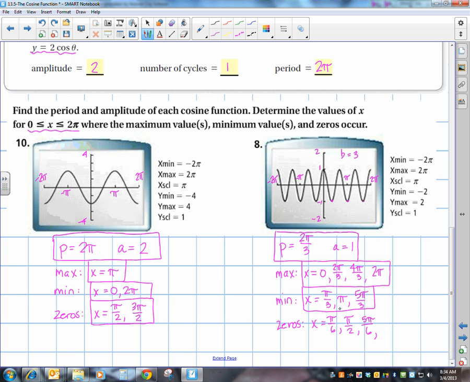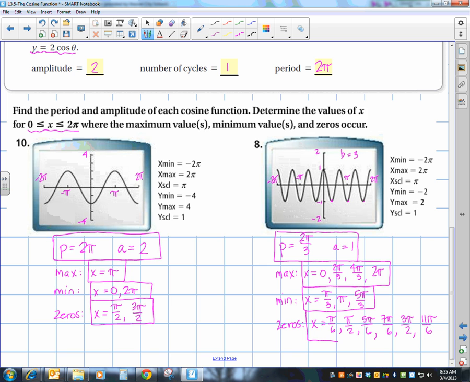This is 6 pi over 6 and 8 pi over 6, which makes the next one 7 pi over 6. Between 8 pi over 6 and 10 pi over 6, halfway is 9 pi over 6, which reduces to 3 pi over 2. And then 10 pi over 6 and 12 pi over 6 is 11 pi over 6.